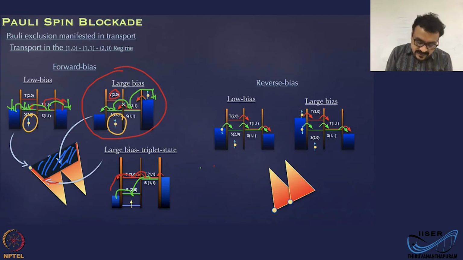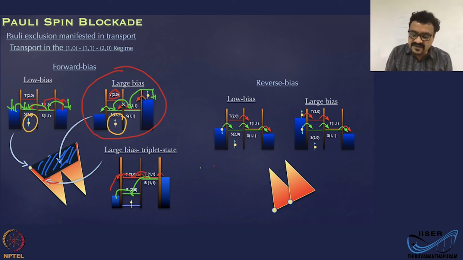And the current will resume when you lift the T11 state and S11 state, both in resonance with the T20 state. Of course, you also need to have the source-drain bias supporting that. Then you will see a current flowing through the system. So in this regime, the current is blocked because of the Pauli exclusion principle for this biasing condition.